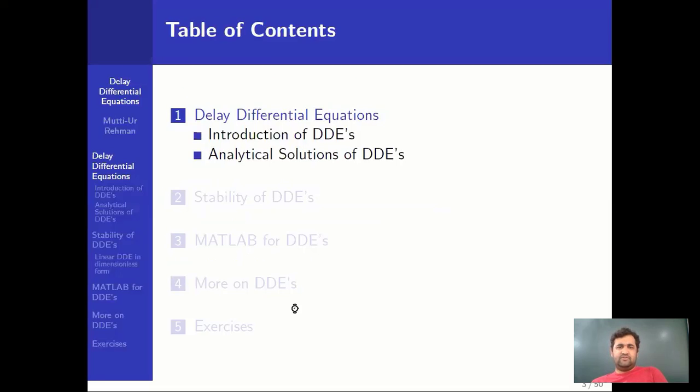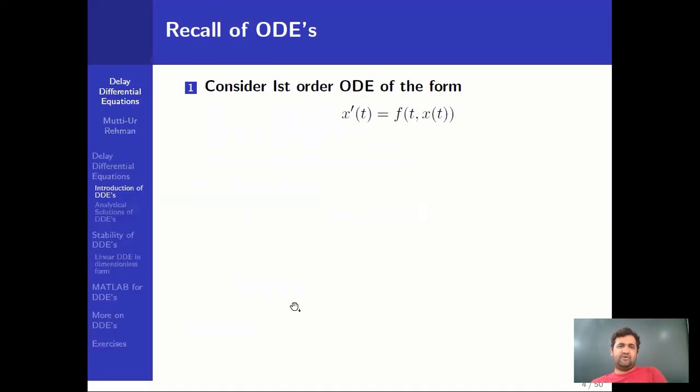Okay, so let's begin with our first part, and we recall ordinary differential equations. And we know that ordinary differential equations will help us to study the evolution of our dynamical system at the current time and at the current state.